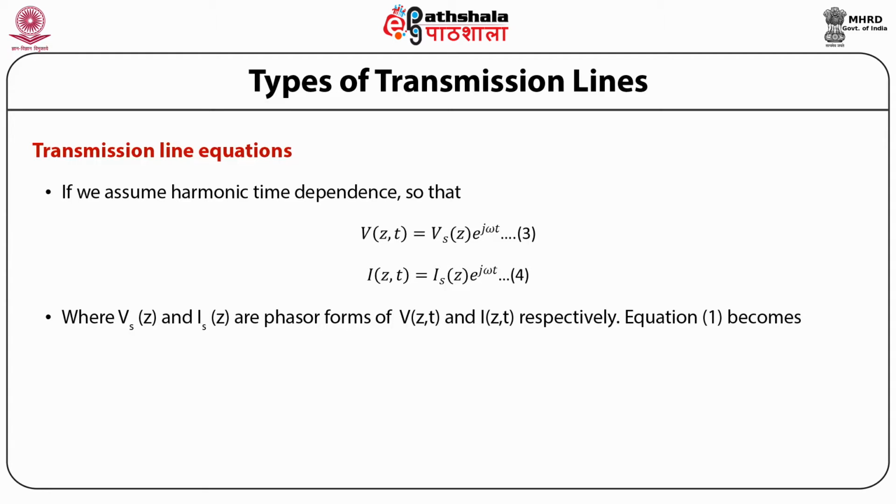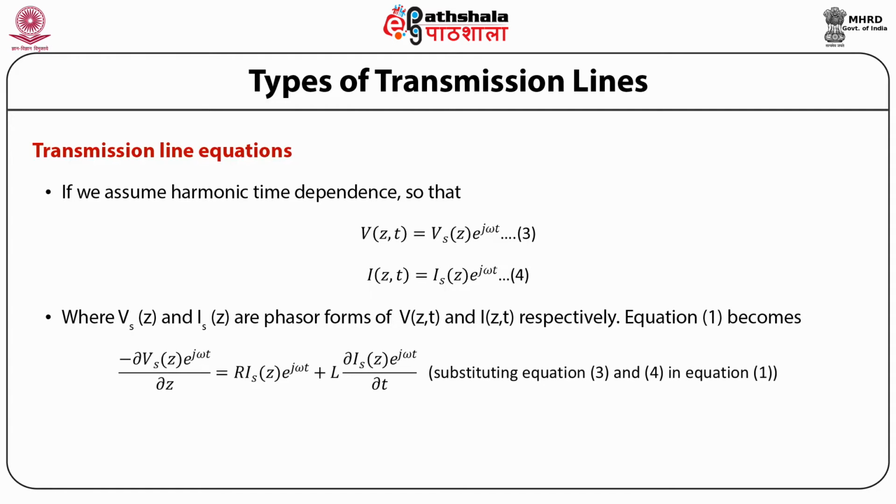Now putting these values in equation 1, we get minus ∂Vs(z)e^(jωt)/∂z equal to r Is(z)e^(jωt) plus L ∂Is(z)e^(jωt)/∂t, or we can say minus ∂Vs/∂z equal to (r plus jωL) multiplied by Is.